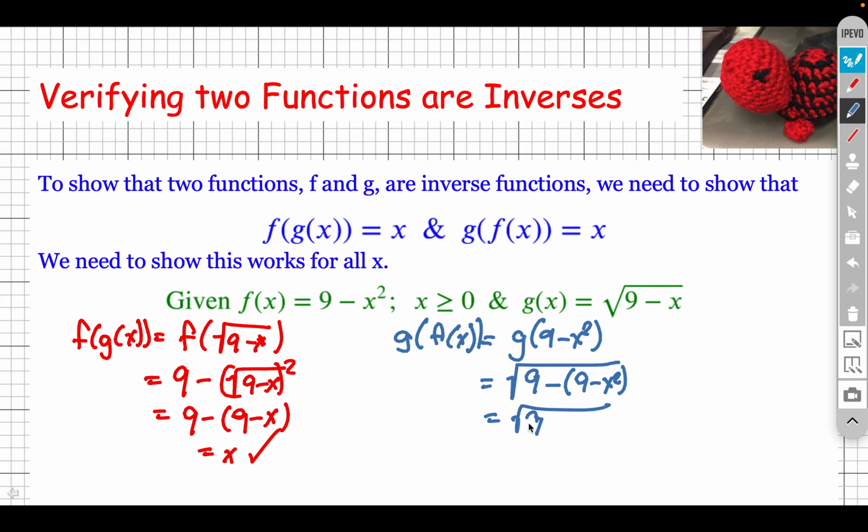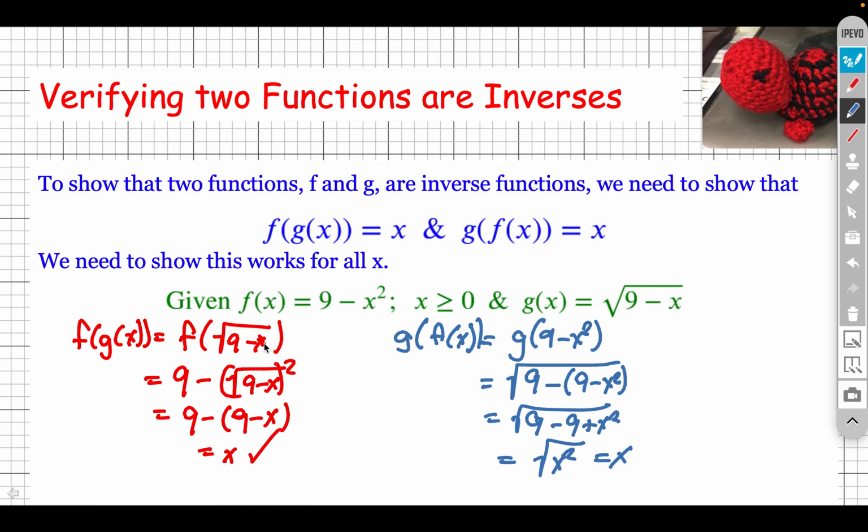So that's the square root of 9 minus 9 plus x squared. That's the square root of x squared, which will be x as long as x is positive. But we said here, this function f of x is only good if x is greater than or equal to 0, so we got that right. When we look over here, this works well.